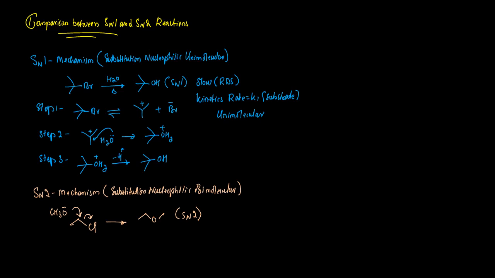This reaction is a single step mechanism. That's why we call it concerted, because both the attack of the nucleophile on the substrate and the expulsion of the leaving group chloride take place in a single step.